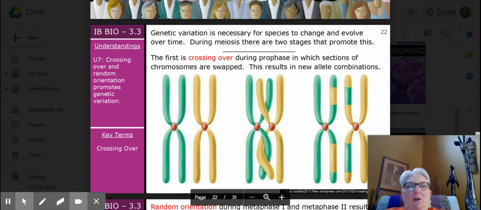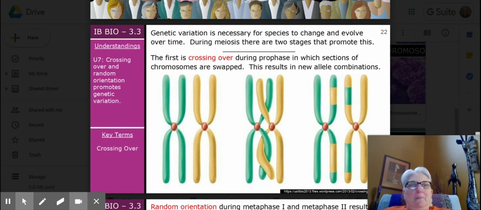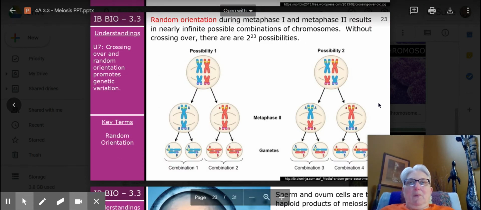So in crossing over, one part of one homologous chromosome crosses over and actually exchanges places with one of its homologs, but it's a different chromosome entirely. So that's kind of where we get that.